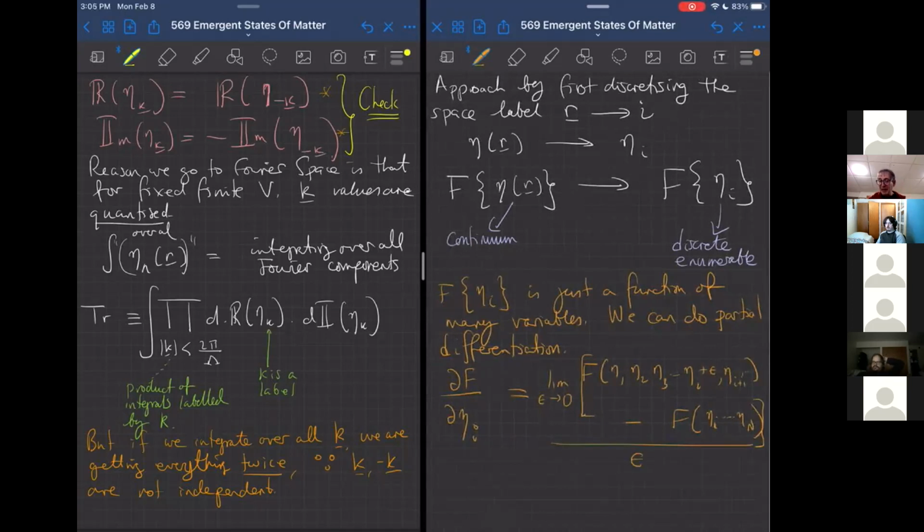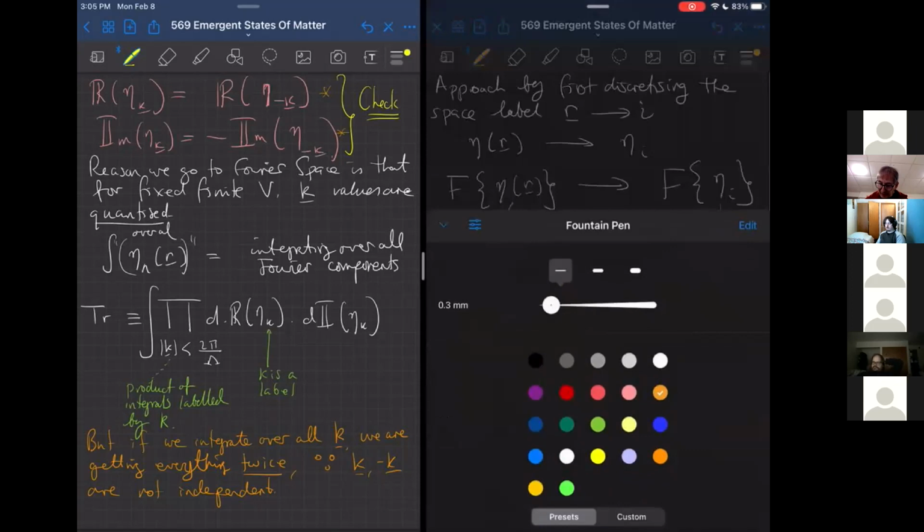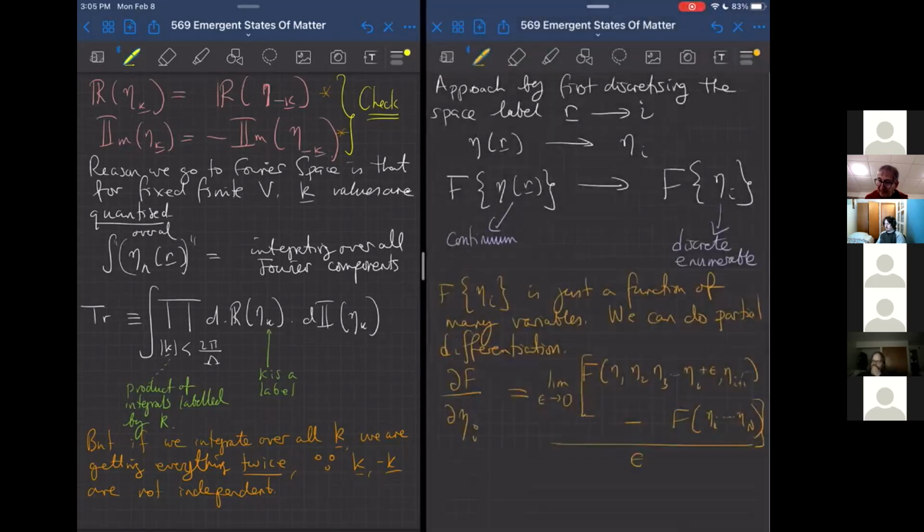So that's what I mean by a partial derivative. What is important is that you tell me which eta variable you want to differentiate with respect to, which label, and that is the one that has the epsilon added to it, and then we subtract just the function without the epsilon and divide by epsilon. So these i's are the same.